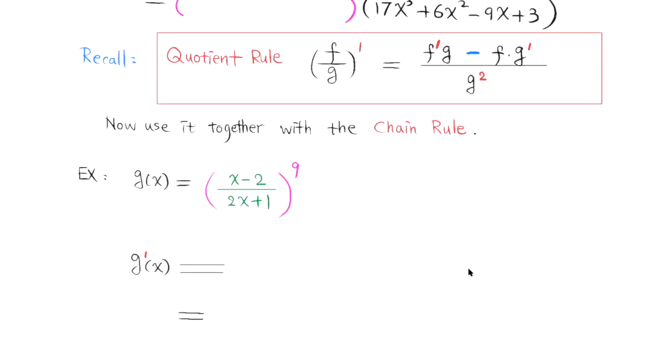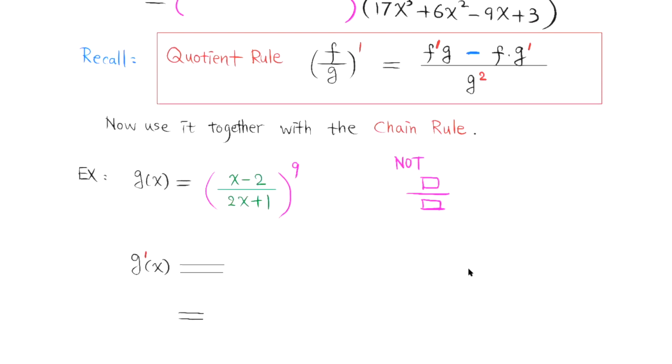Okay. So the quotient rule, you use it when it is a quotient first. And over here, it's not in this quotient form, right? The inside is a quotient, but the whole function here is not in the quotient form. So not the quotient rule first.